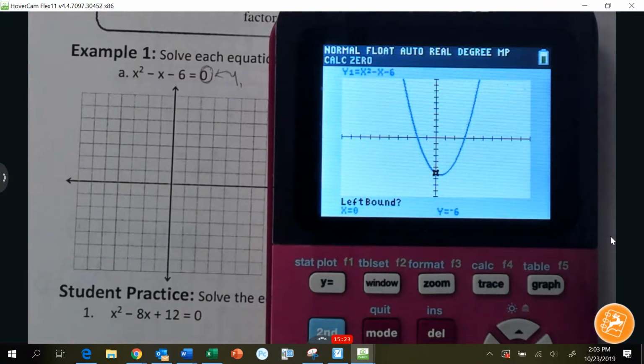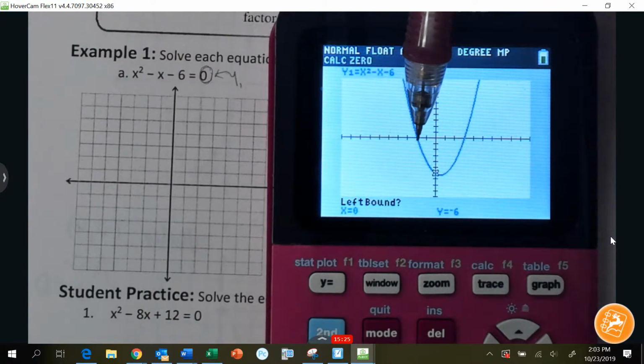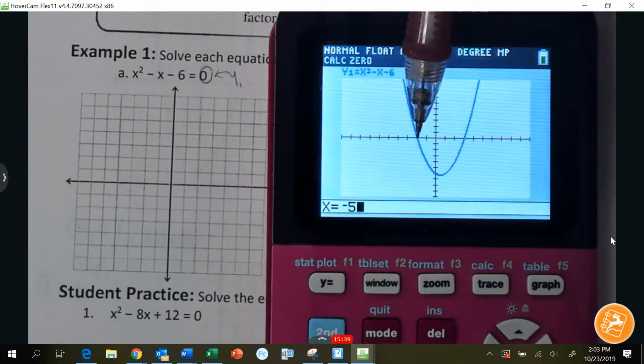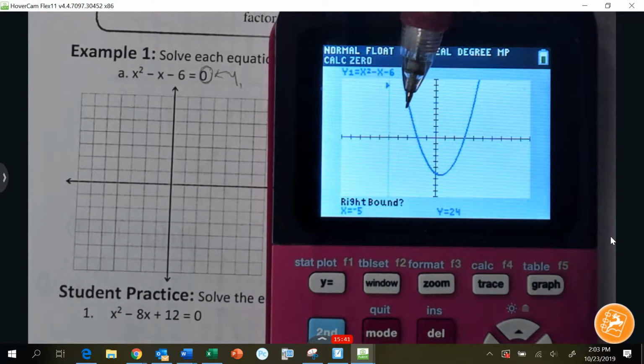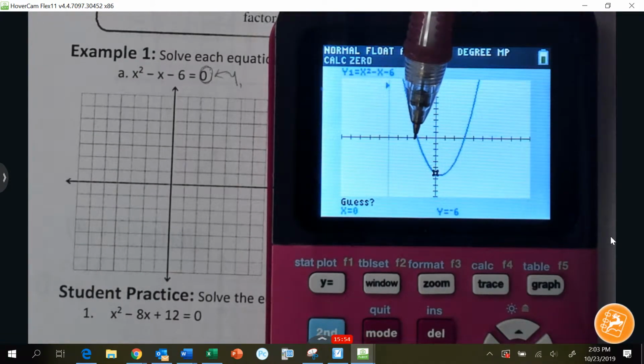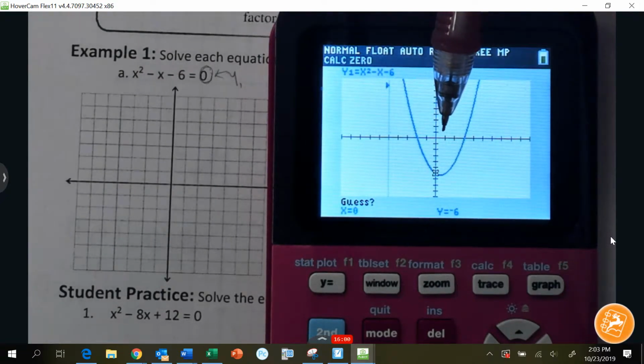You want to think it's going to be on the left side of this particular x-intercept. Give me a number. Negative 5. So negative 5 puts a little arrow there, and the calculator is going to look on the right side of that. Pick something that is now on the right side of this. How about 0? Why 0? Because I don't want to include both of them. The calculator will only find one at a time.